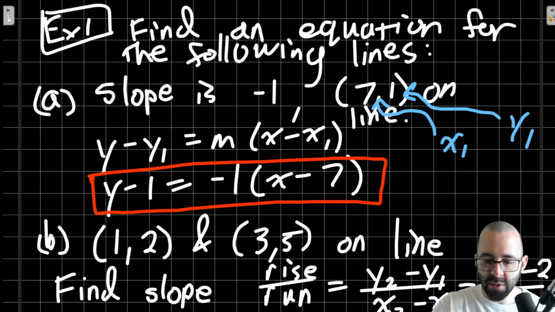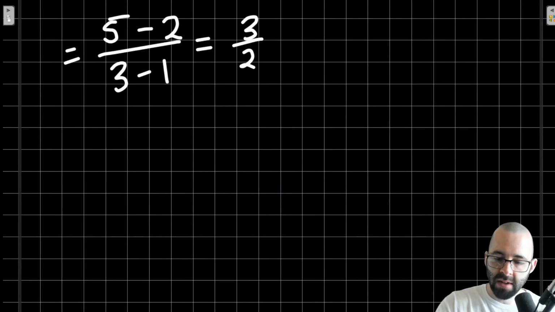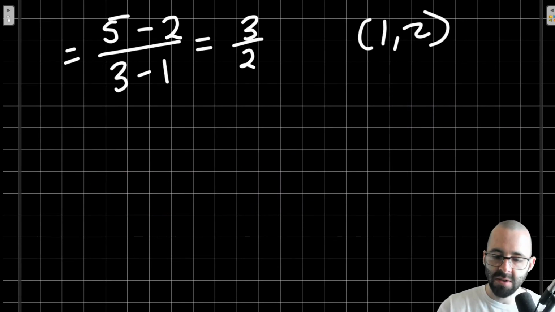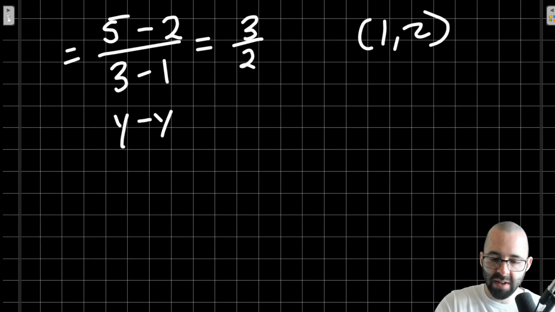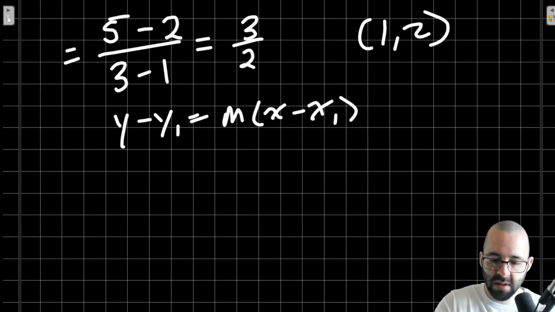For the point, remember we had 2 points. We can use either point. All right, either point is okay. I'm just going to use the first one because, I don't know, it's first. The point 1, 2. All right, so our point is 1, 2. Let's use point slope form, which is again y minus y1 is equal to m times x minus x1.